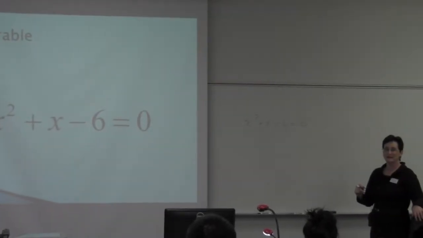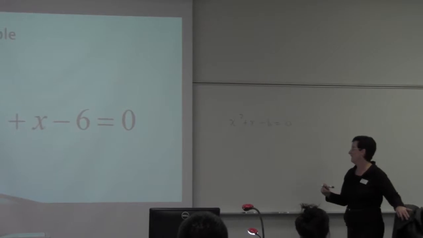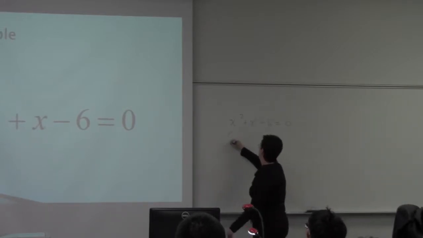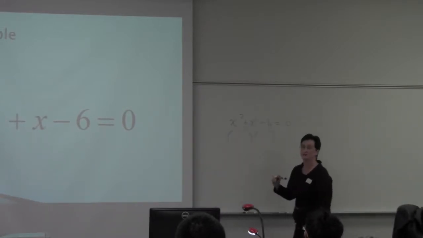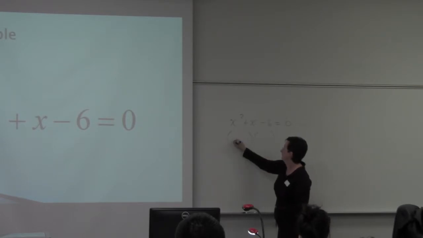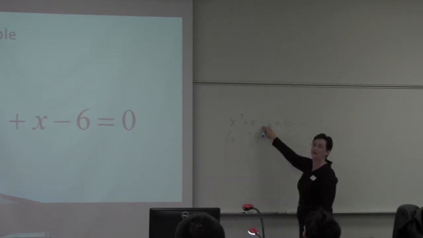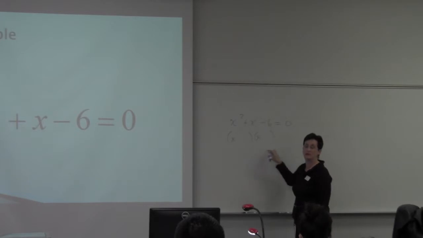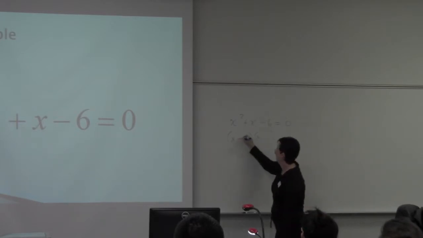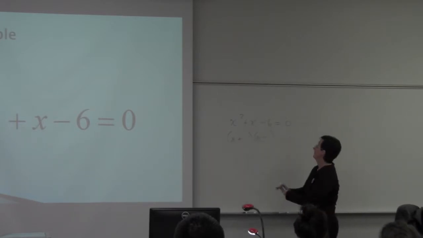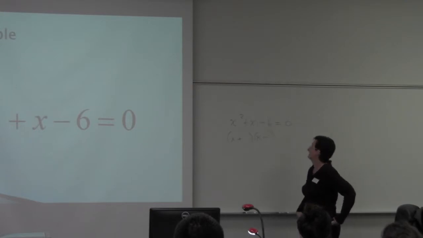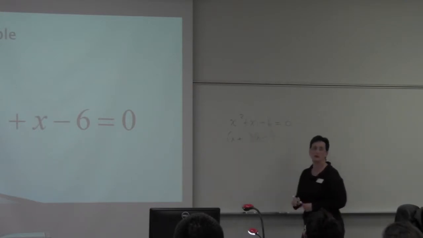Might be wanting to do a little review there. All right, so this is actually the easy kind. X squared came from x times x. The last term is negative. What does that mean about my signs? 1 plus, 1 minus. So I need two numbers that multiply to 6 and subtract to 1.